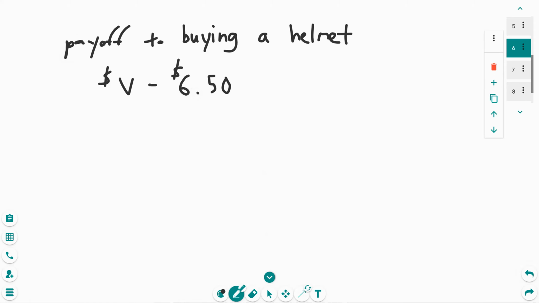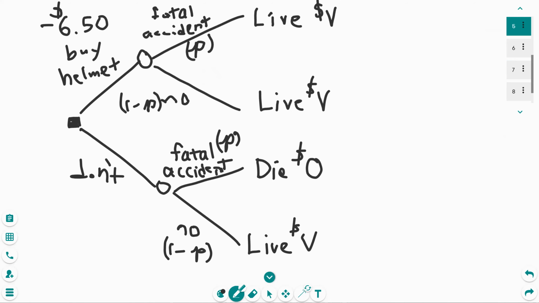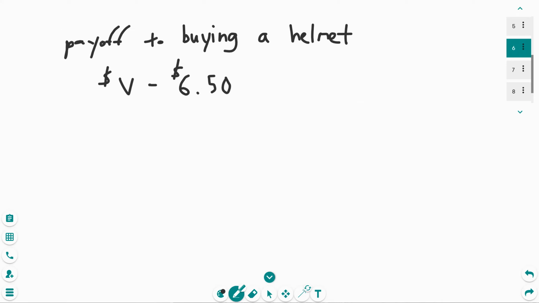And in fact, there's no probability associated with this payoff because we live in the case of a fatal accident, and we also live in the case of it not having a fatal accident, so that has no uncertainty actually about whether we're going to live or die. So our payoff is just the V, the payoff to being alive.